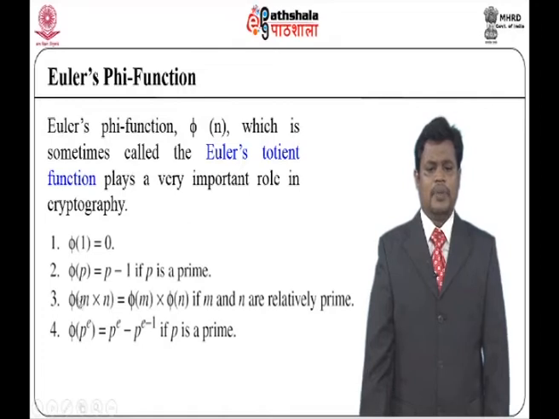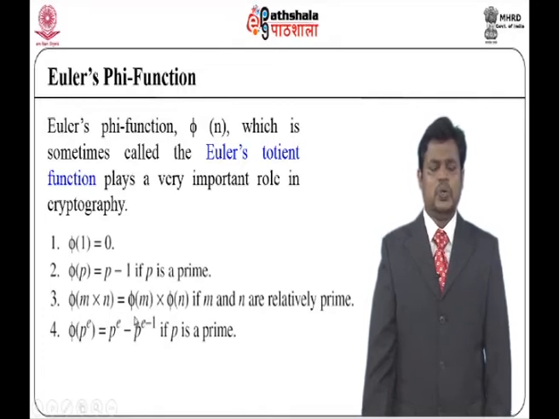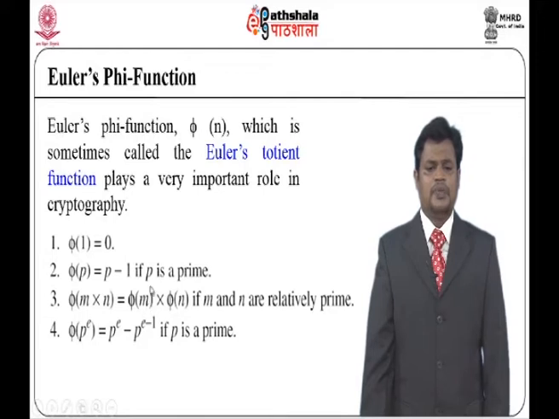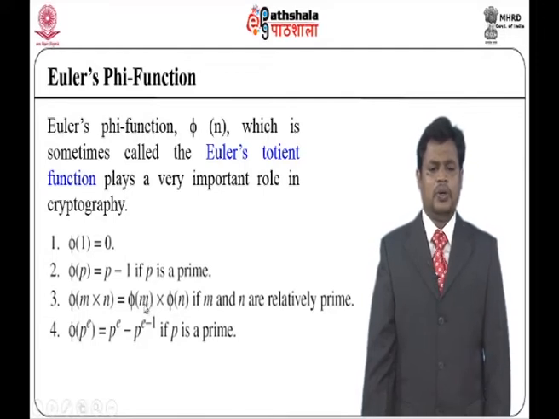So, if I have a product of relatively prime numbers, then I can do it separately: phi of m into phi of n. If phi of m is a prime number, directly we can do it with p minus 1, or again if it is m cross n, then phi of m into phi of n. Like that I can repeatedly do this, and then I will be able to find the phi of n value.